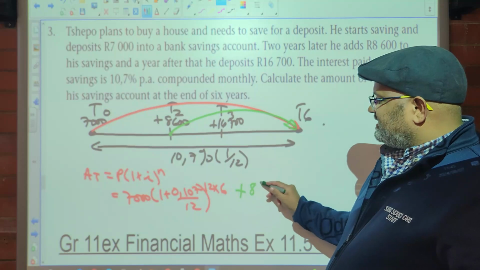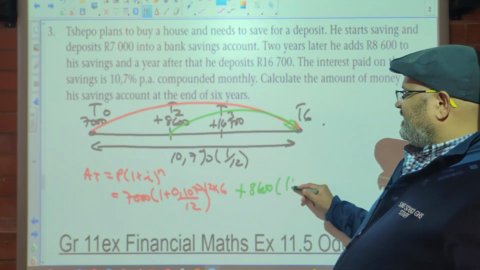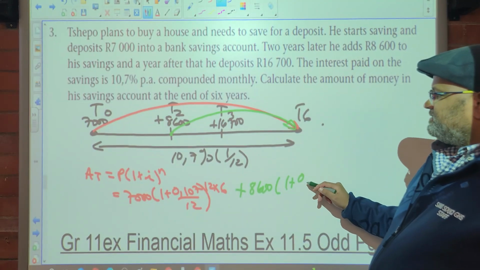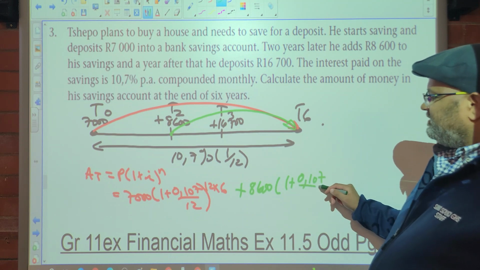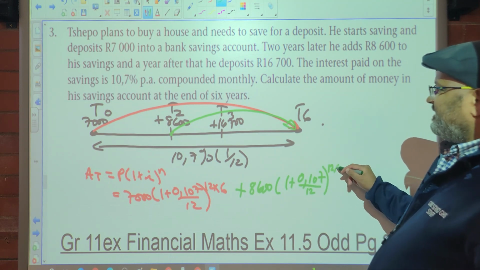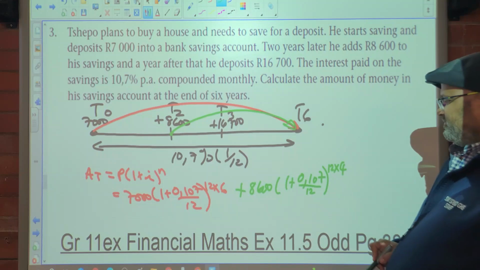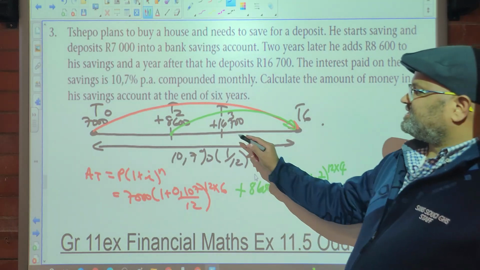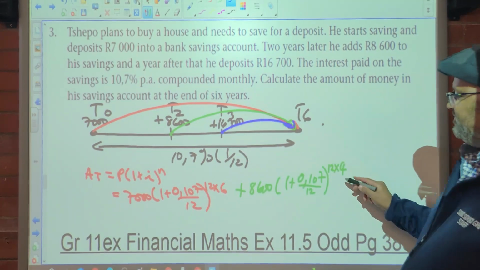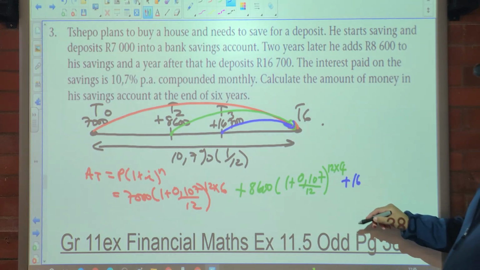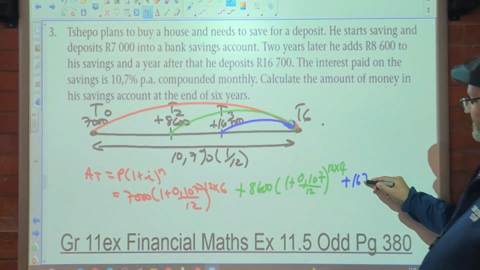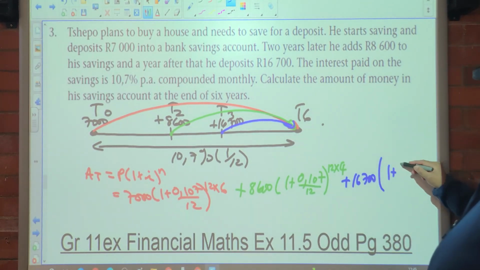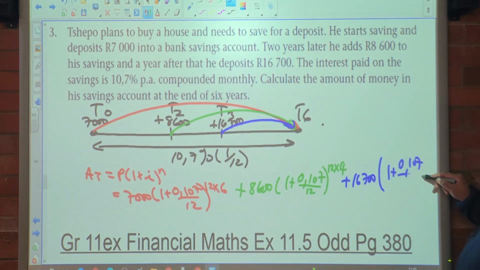So it's plus 8,600 into 1 plus 0,107 over 12 to the exponent 12 times 4. Then we take 16,700 to the end. It's plus 16,700 into 1 plus 0,107 over 12 to the exponent 12 times 3 years.